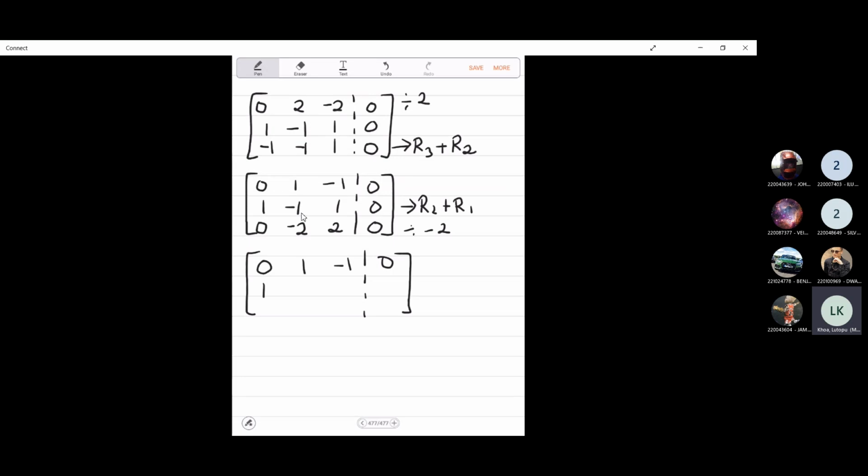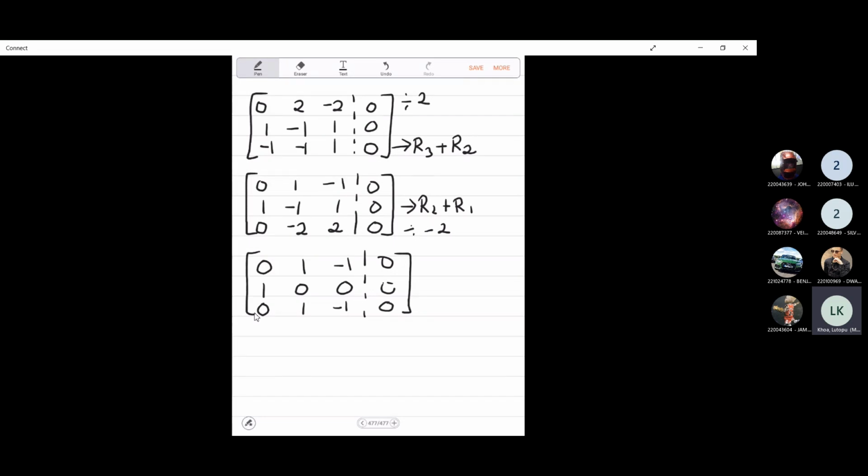And then minus 1 plus 1, this is 0. And then 1 plus minus 1, that is 0. And then 0 plus 0, this is 0. Then row 3, we've divided it by minus 2, so I have 0, 1, minus 1, and then 0.